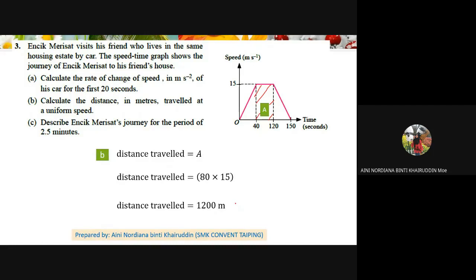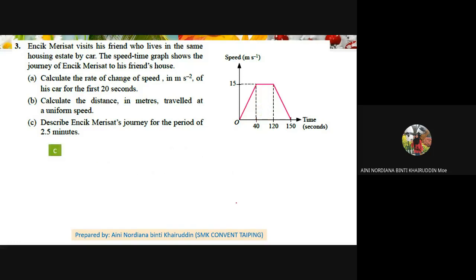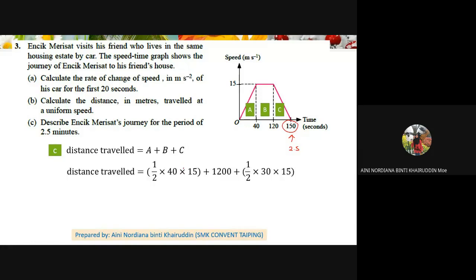C, describe Encik Merisat's journey for the period of 2.5 minutes. So 2.5 minutes, 150 seconds is 2.5 minutes. First you need to calculate the distance traveled, or total distance, and you get 1.725 kilometer.